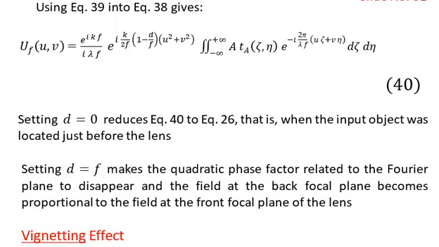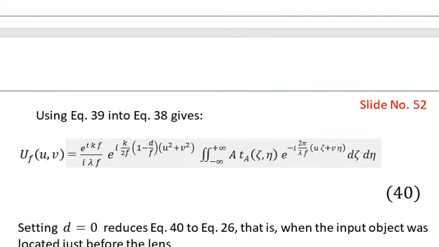But if you set d equal to f over here, what will happen? Setting d equal to f means that this quadratic phase factor, which is based on u square and v square, will be cancelled out from equation number 40, and you know that this quadratic phase factor which is associated with the uv plane will be cancelled out if you set d equal to f. This is a very special case.